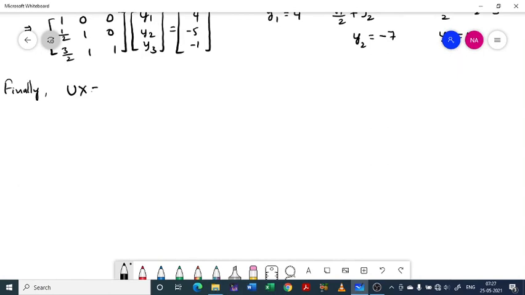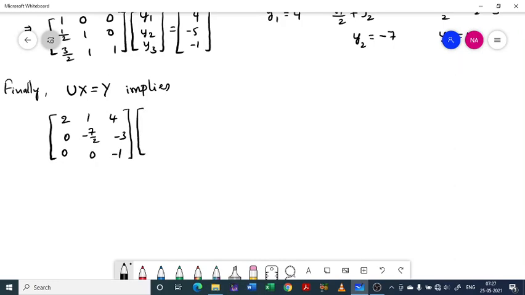Now finally Ux equal to y implies, what is U? U is [2 1 4; 0 -7/2 -3; 0 0 -1] times [x y z] equal to [4 -7 0].